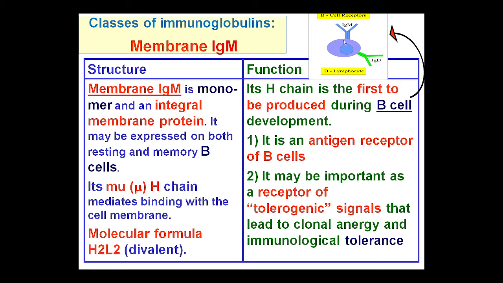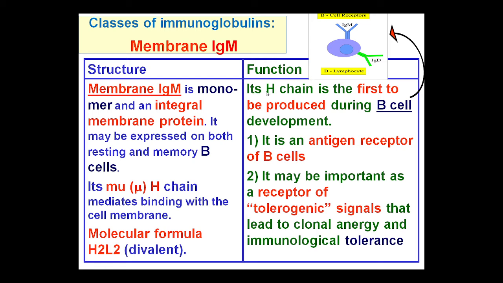This immunoglobulin M may be exposed on the active stimulated B lymphocytes and resting memory B lymphocytes. Membrane immunoglobulin M has the mu heavy chain. This chain anchors this immunoglobulin to the lipid membrane, the cellular membrane of the B lymphocyte. The molecular formula is identical to that of other monomers, 2 heavy and 2 light chains. This is a divalent molecule.